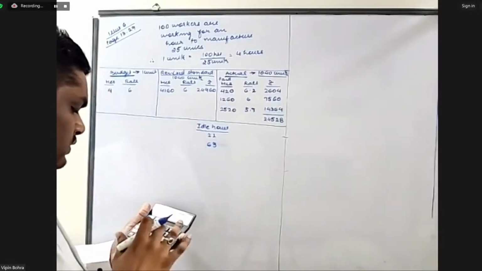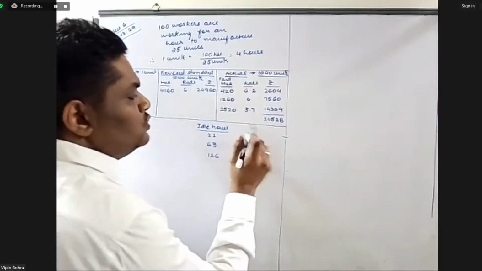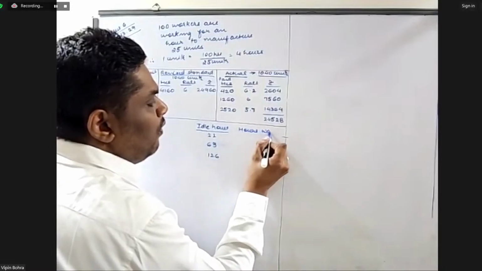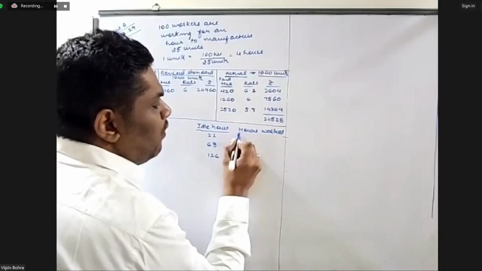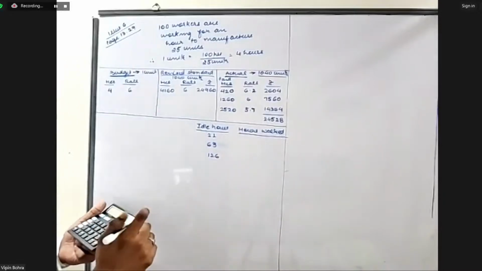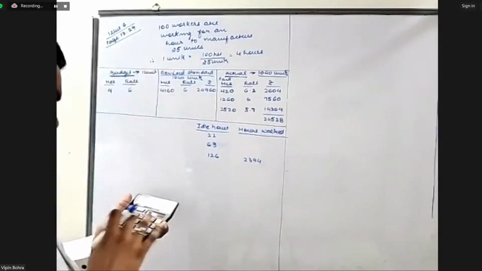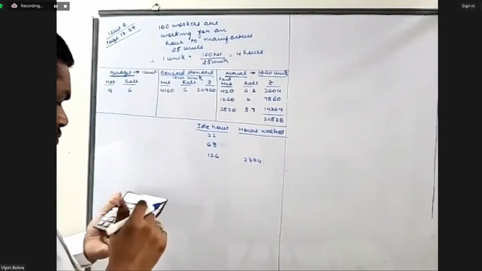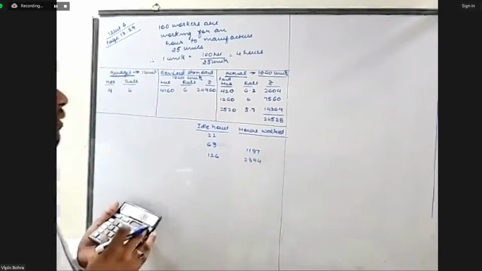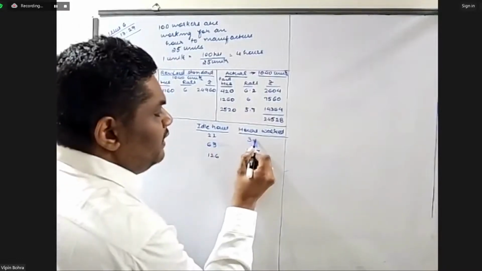And 2520 into 5% will be 126. So hours worked we will get, very simple. This will be 2394. This will be 1197. This will be 399.